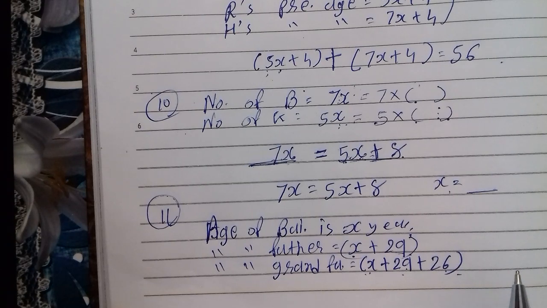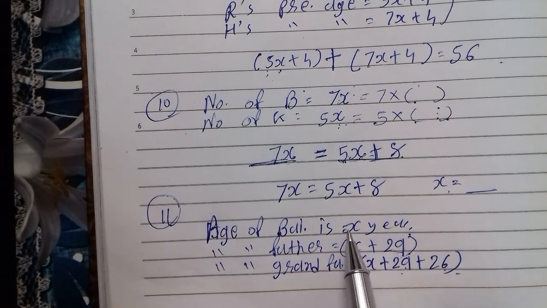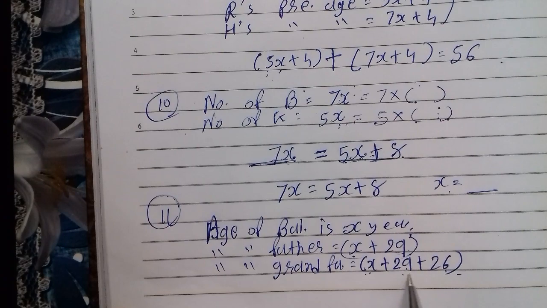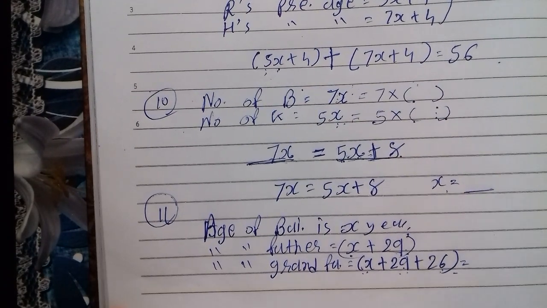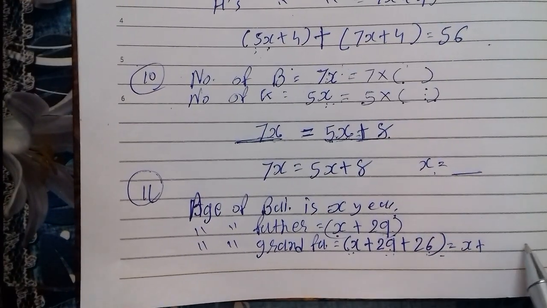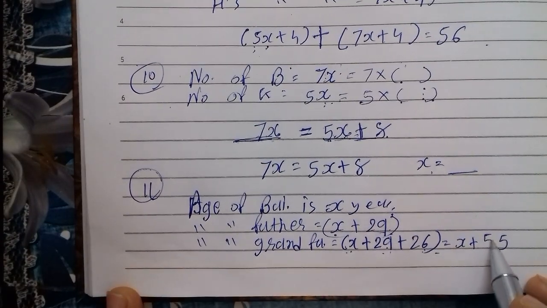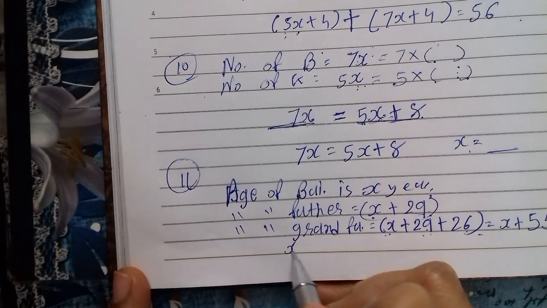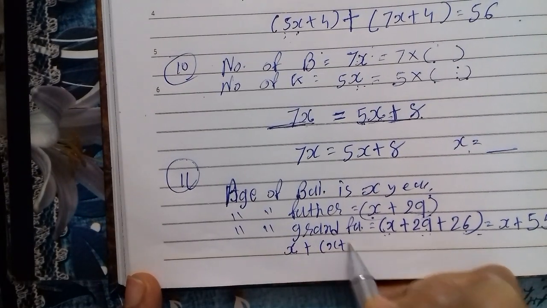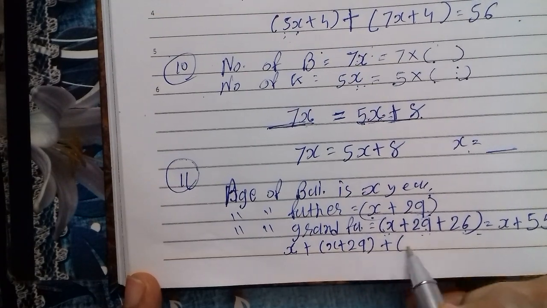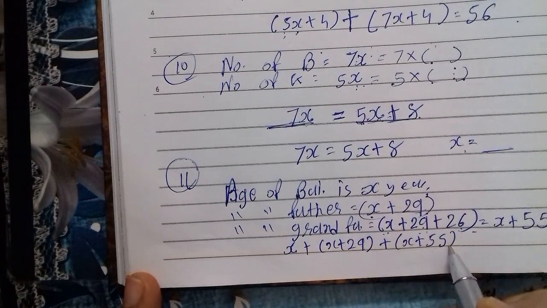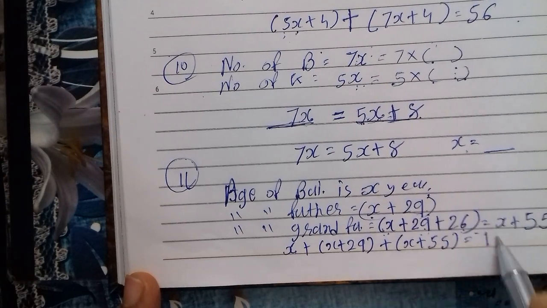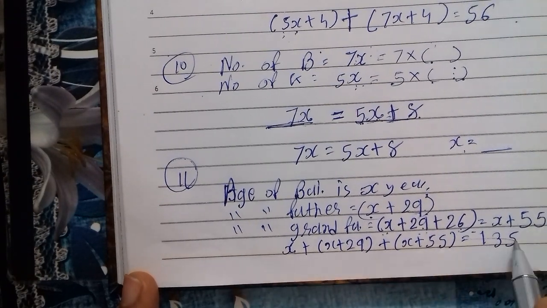Then the sum of the ages of all three: x, plus x plus 29, plus x plus 29 plus 26. You can write 29 plus 26 as 55. So x plus x plus 29 plus x plus 55 is equal to 135.